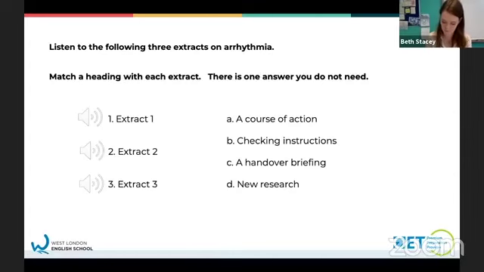Now, you do seem to have a slightly irregular heartbeat, so I'm going to send you for an ECG. What's that? It uses ultrasound waves to check your heart's electrical activity. Do I have to prepare for that? Not at all, just turn up. Okay. However, I am worried that your lifestyle could be putting extra pressure on your heart. You say you smoke a packet a day, is that right? Yeah. So I do think we need to reduce this.